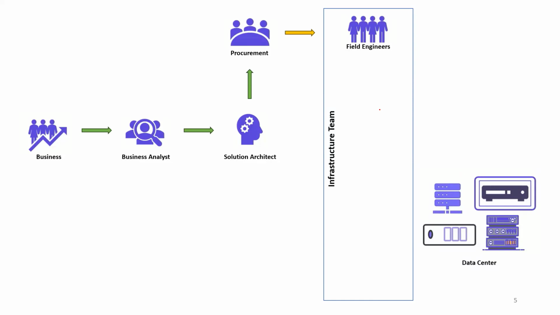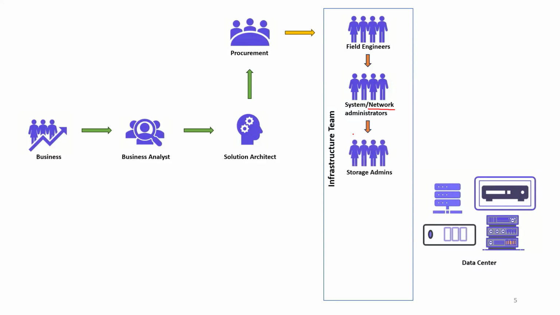After that, the system admins will come into the picture and take care of the initial configuration of the systems, and the network admins will make sure that the entire infrastructure is available over the network.